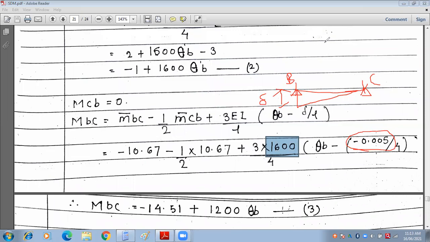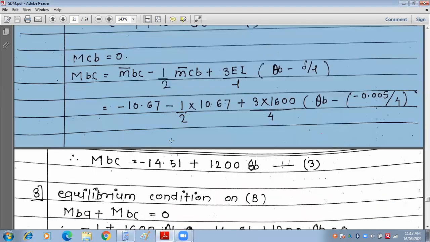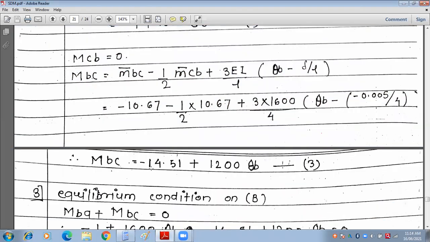Okay, now once you will be putting all this value, and by simplifying you will be getting the one of the equation, and the equation value is minus 14.51 plus 1200 theta B. Now let us say this one is the equation number 3.